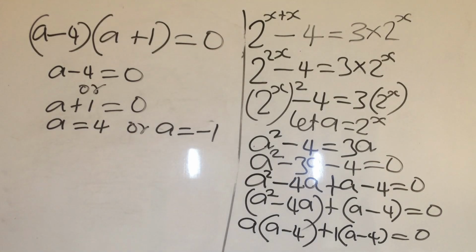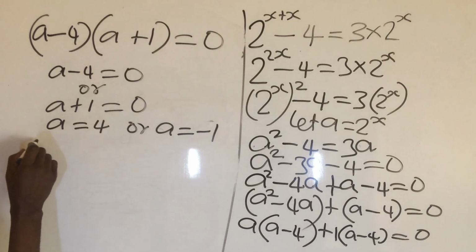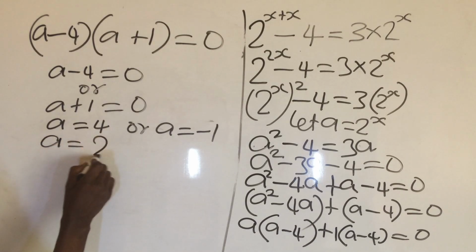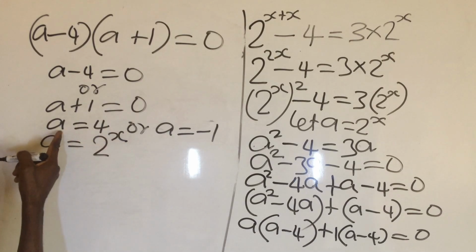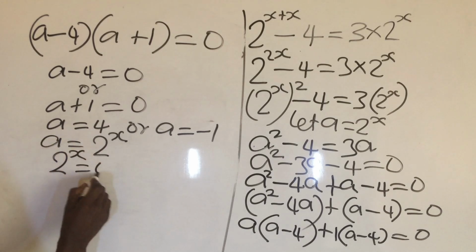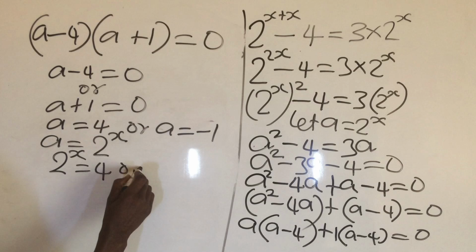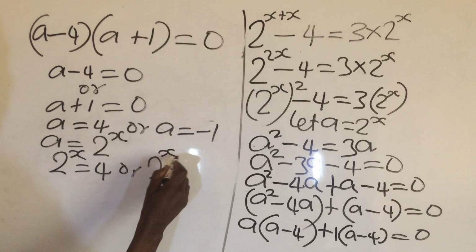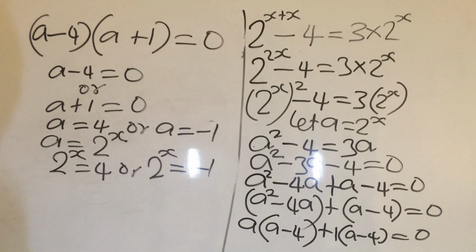But remember that a is equal to 2 raised to power x. So we are going to change it now. Therefore, 2 raised to power x equals 4 here, or 2 raised to power x equals minus 1 here, okay?